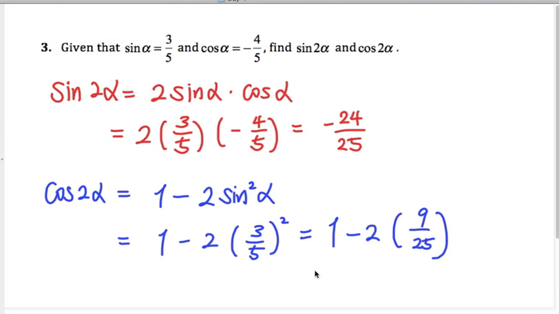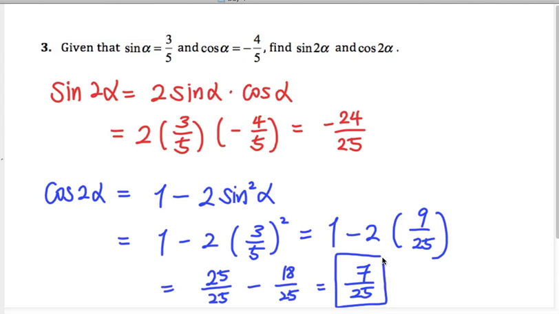That's 1 minus 18 over 25, which is 25 over 25 minus 18 over 25, equal to 7 over 25. So there is cosine of 2 theta.